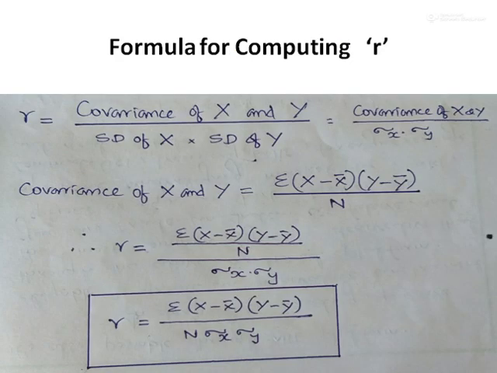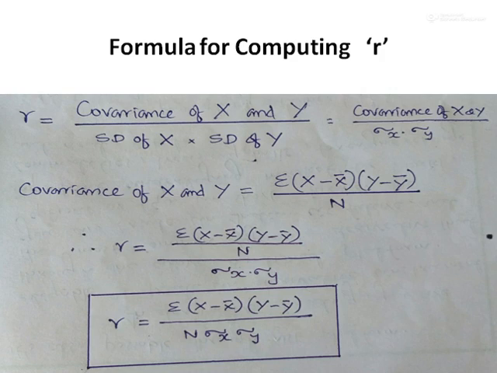Now let us understand the formula for computing Karl Pearson's coefficient of correlation. I told you that Karl Pearson's coefficient of correlation is the ratio of covariance of variables to the product of their standard deviations.